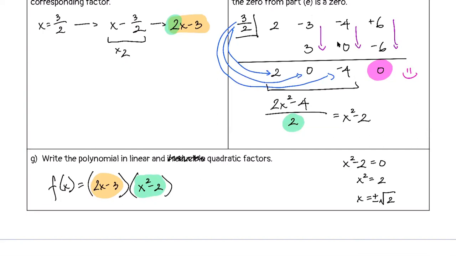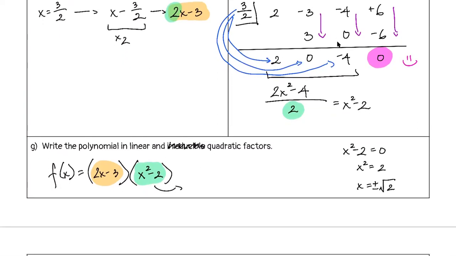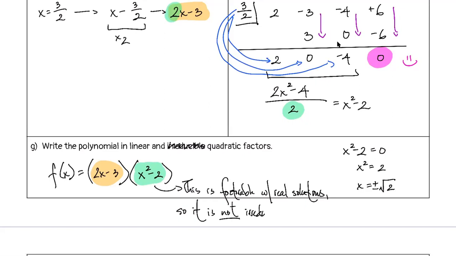So in this case, this is factorable with real solutions, so it is not irreducible.